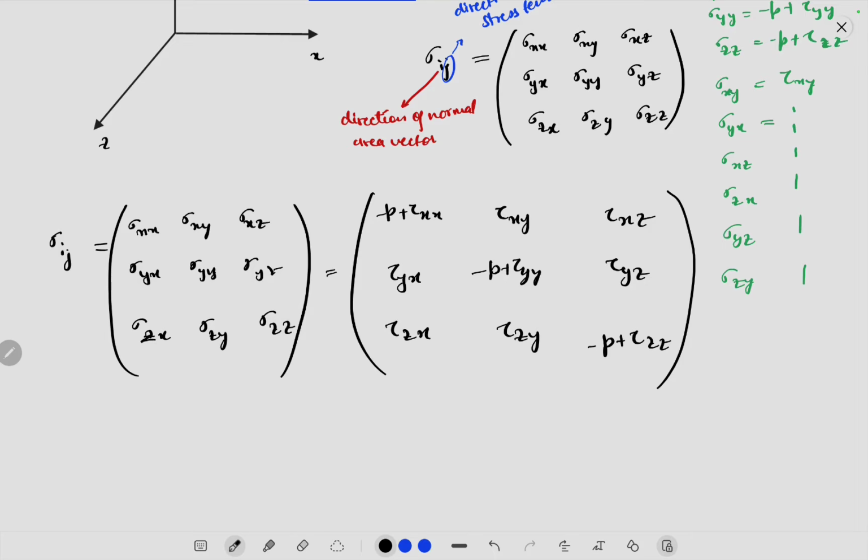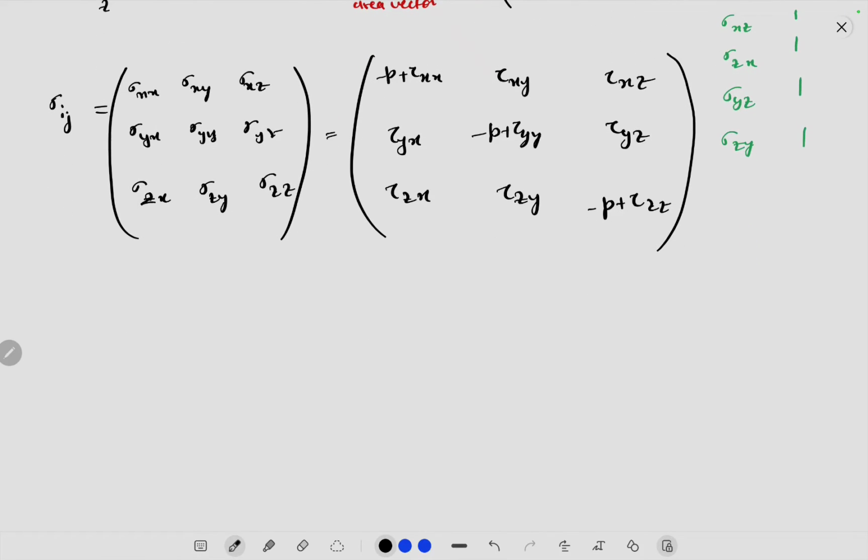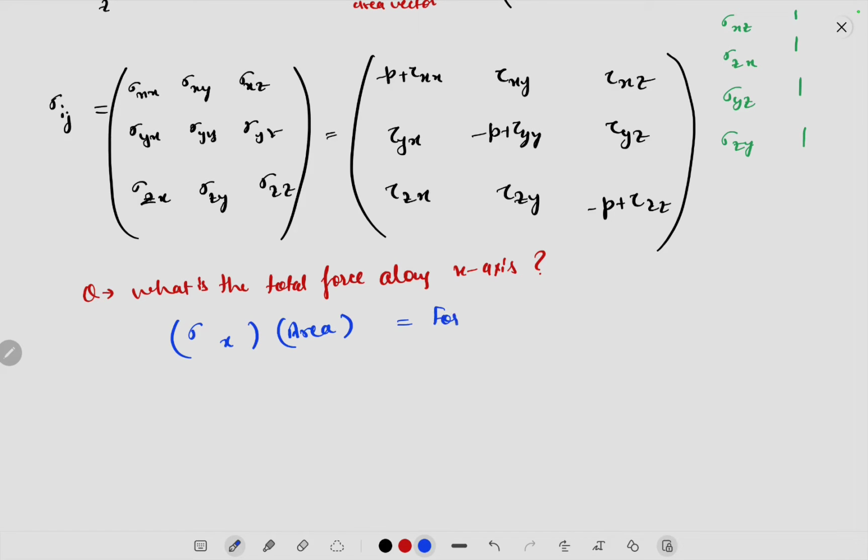Now if I ask you what is the total force along the x-axis, what will you say? I will take the stress tensor directed along the x-axis times the area, and this will give me the force because of the component of that stress tensor.